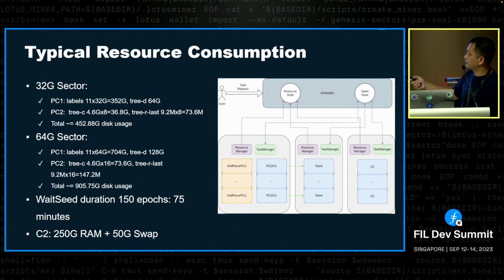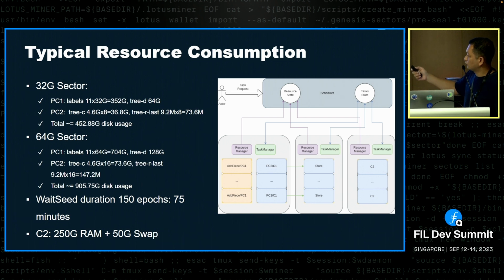And also, it's a typical resource consumption of the sealing process with different sector sizes. For example, for a 32 gigabyte sector, during PC1, it will produce 355 gigabytes and treed with 64 gigabytes.